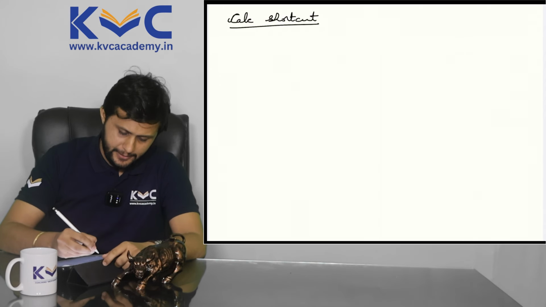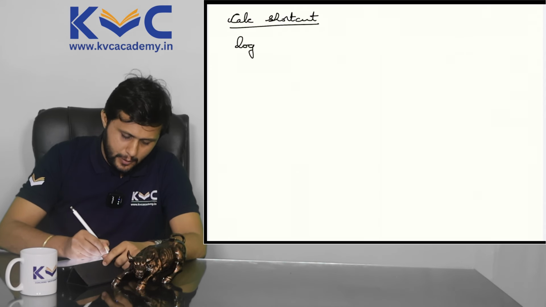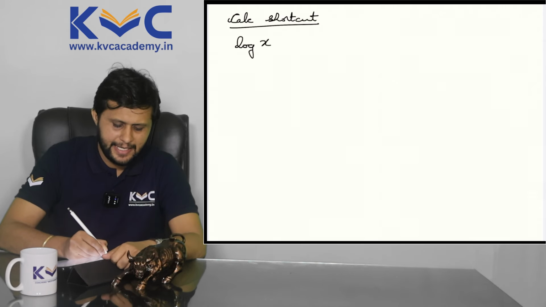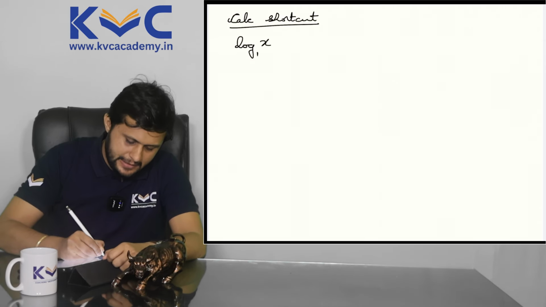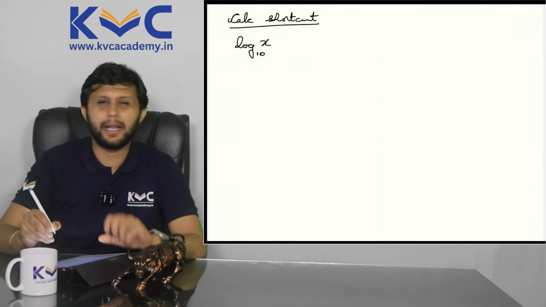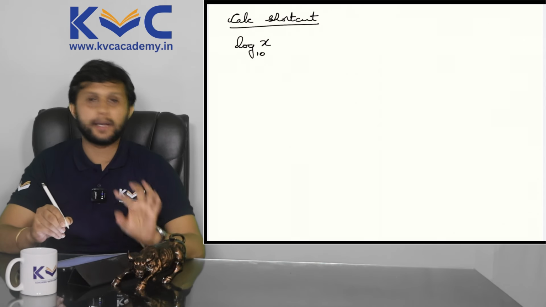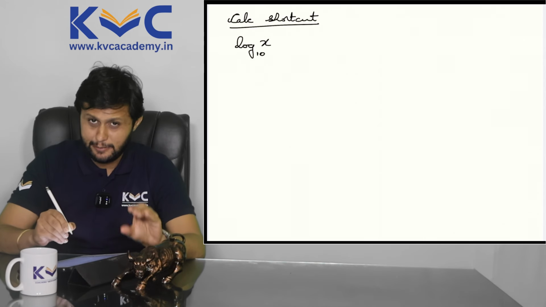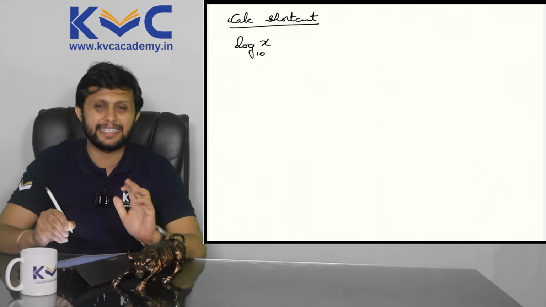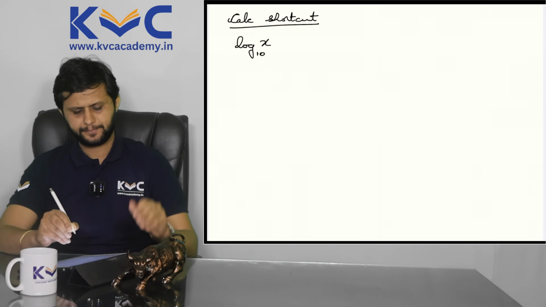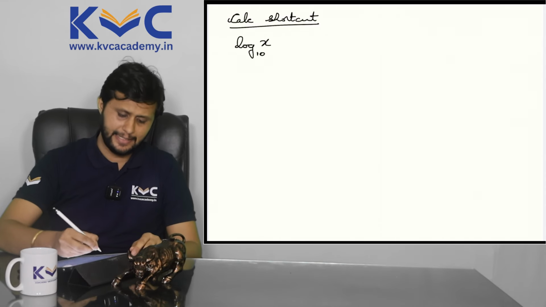So, if I have to find logarithm of a particular number, let's say x, I will specifically write base 10 over here. Actually not required because I've already told you if I do not mention the base, it is always base 10. But here let me write that as well.